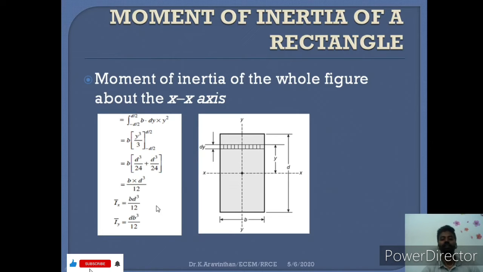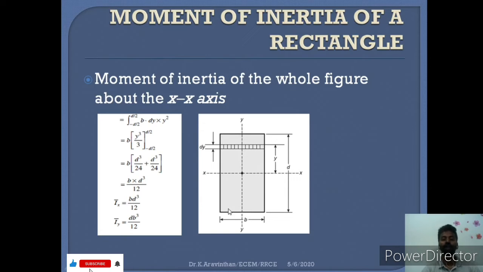This is the xx axis. I stands for moment of inertia and x here stands for the axis. So the moment of inertia about the xx axis is b d cube divided by 12. This is the formula which you have to remember in order to solve complicated section problems. If you consider the same element as a vertical strip, then you can find the moment of inertia about the y axis. You can try this by yourself.